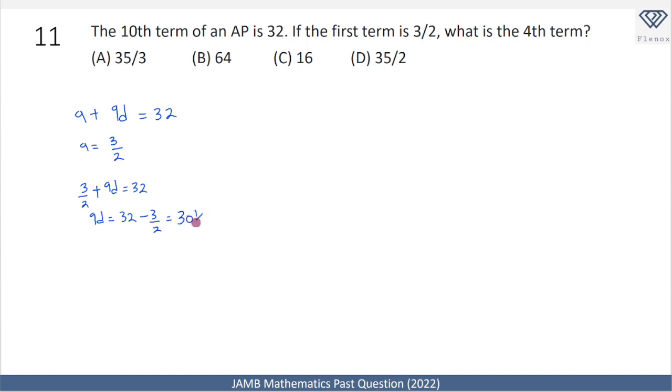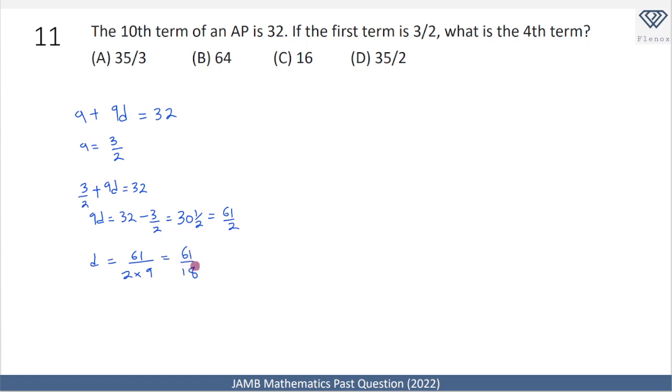I need to convert this to an improper fraction. This becomes 61/2. So if we divide both sides by 9, D will be equal to 61/2 divided by 9, and the common difference is just going to be 61/18.